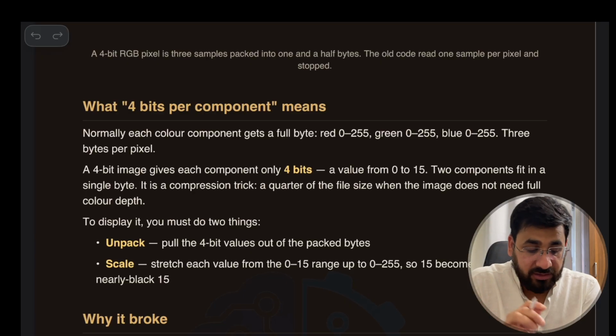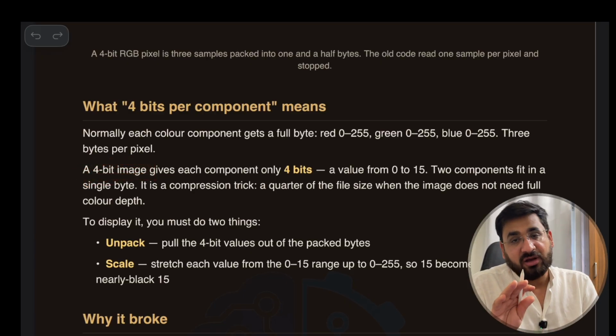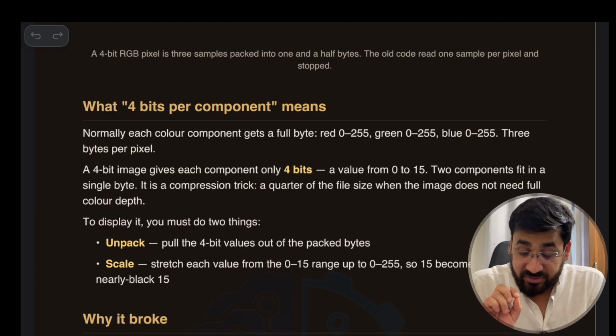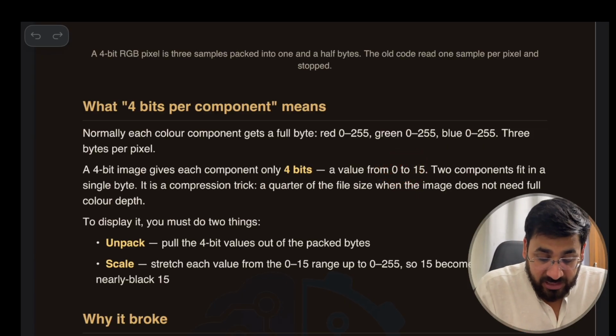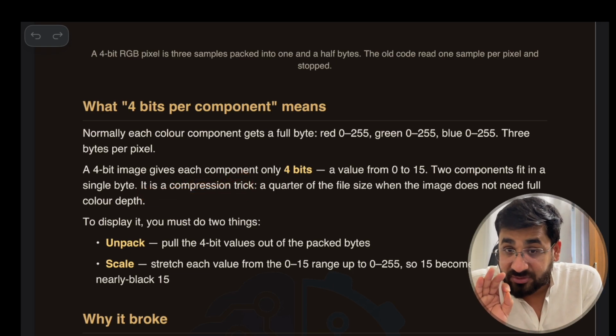You already know that. Now in a 4-bit image, each component only has 4 bits. So this is the trick here. A value from 0 to 15, so 2 components fit in a single byte, and it is a compression trick. That was the real issue.